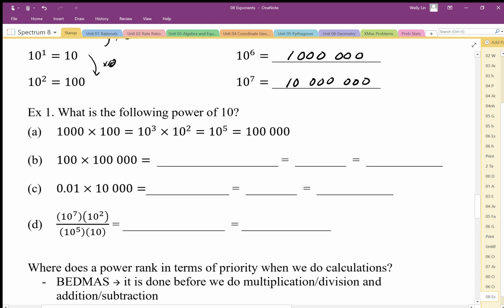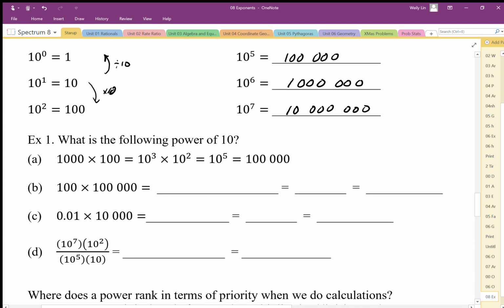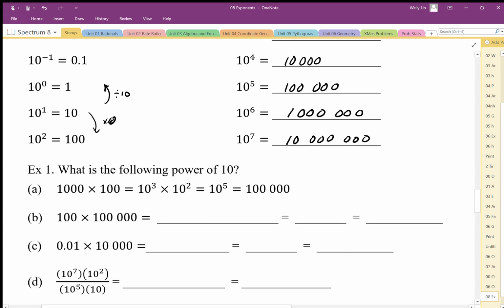So when we have this, we can write these as powers of 10. Okay? So if I have 1,000 times 100, that's 10 to the power 3. So my 1,000 is 10 to the power 3. 100 is 10 to the power 2. Okay, maybe I'll just highlight that. So I got my 10 to the power 3 times 10 to the power 2.